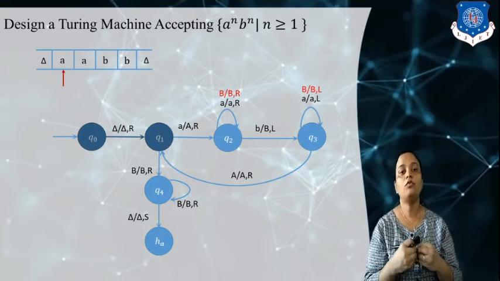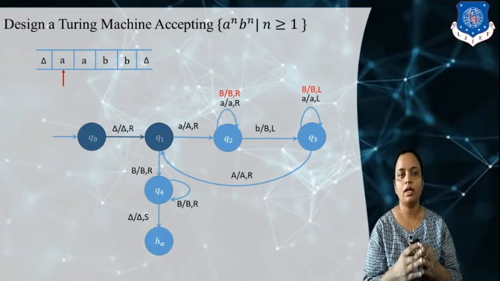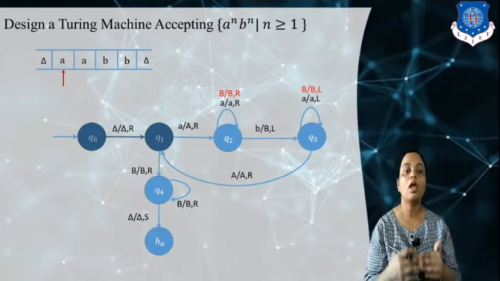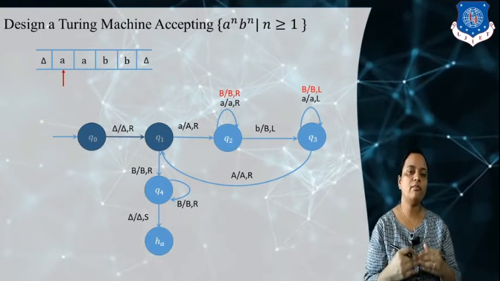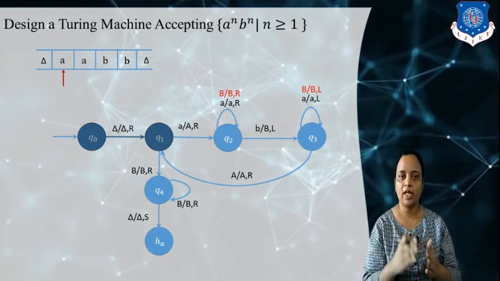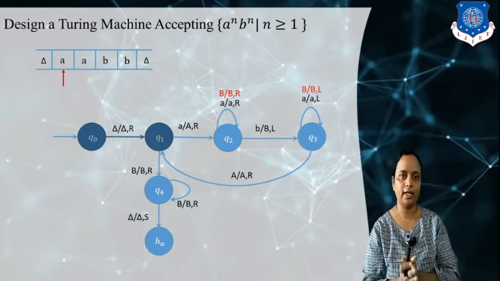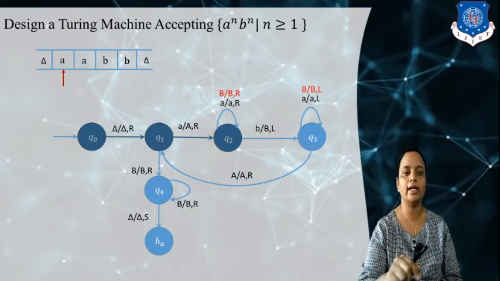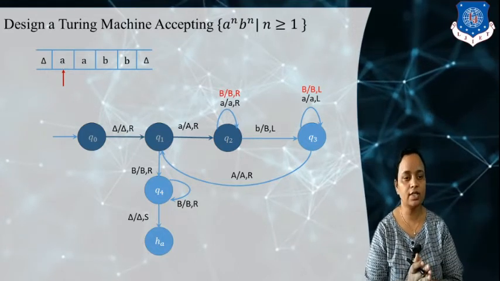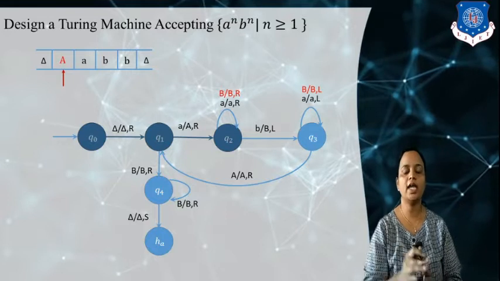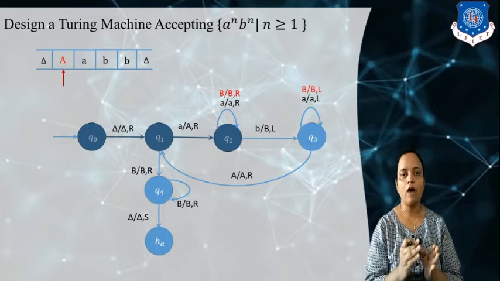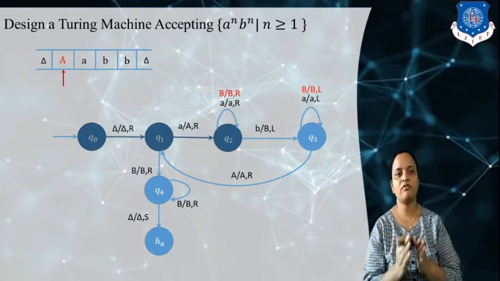Now in our logic, what is step number 1? Step number 1 says that if my pointer is pointing to a small a, then the small a is replaced by a capital A. By doing this we are going to change the state. Now after doing this, which direction do we have to move?